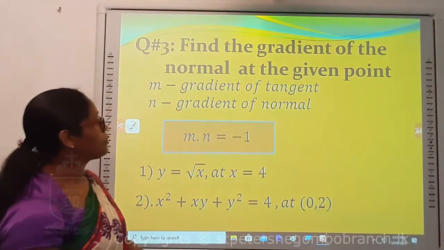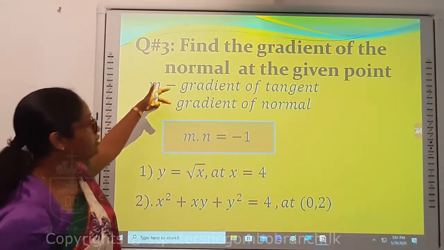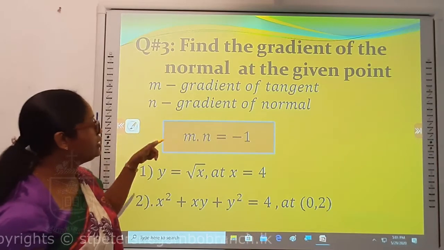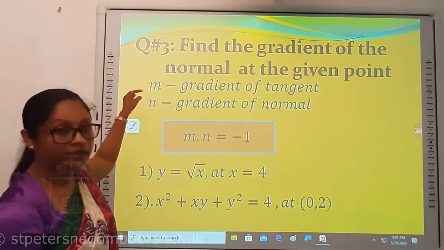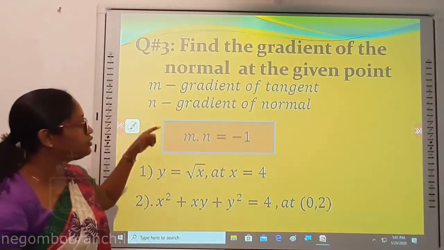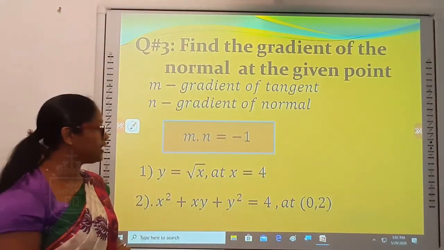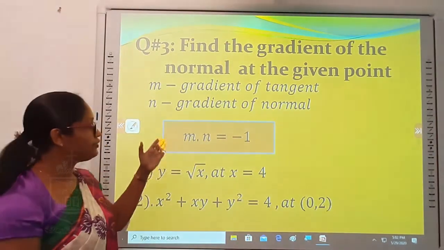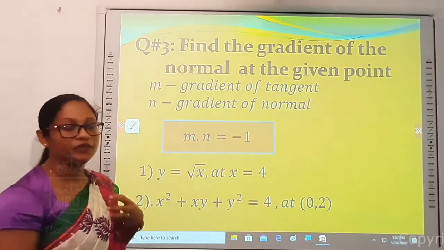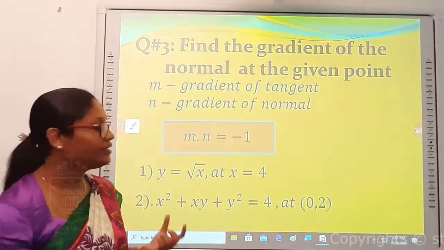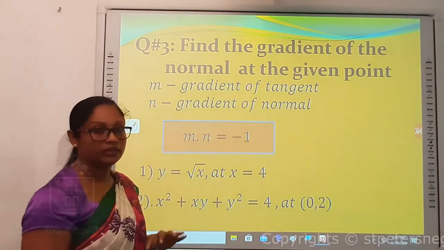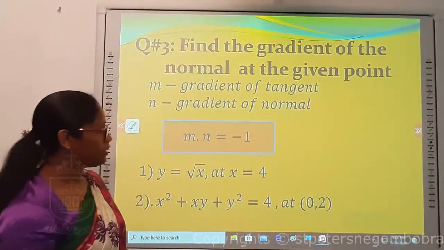So the relationship between the gradients: if m is the gradient of the tangent and n is the gradient of the normal, m times n is equal to minus 1. So with this relation, if we know the gradient of the tangent, we can find the gradient of the normal.